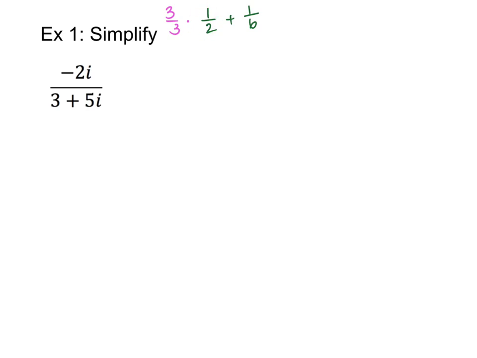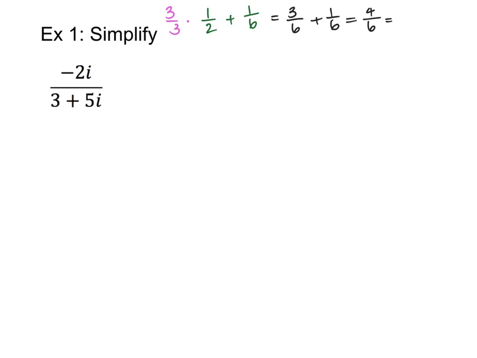So if I were to do that, this would be 3 over 6, if I multiply straight across. And then I add the 1/6. The denominators are the same, so I just add the top and bring in the bottom. The bottom stays the same, because you don't add the denominators. So the denominator is still 6, and then you might try to reduce it.